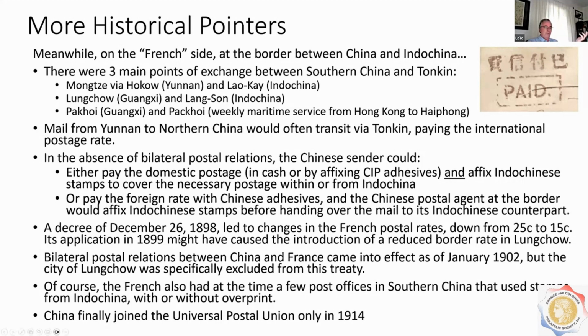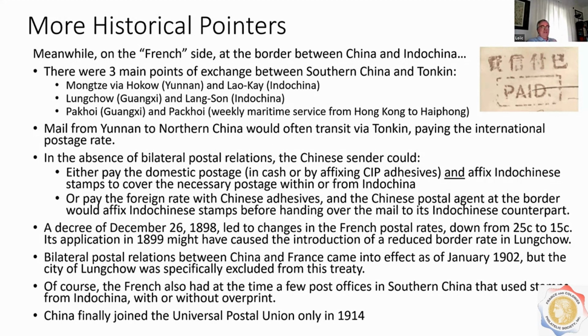So of course you remember as well that a decree of December 26, 1898, changed the French postal rates, going down from 25 centimes to 15 centimes. That was valid for domestic mail in France and for the intra-colonial service.